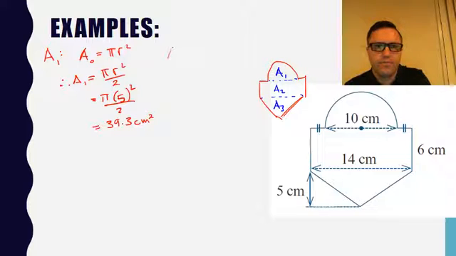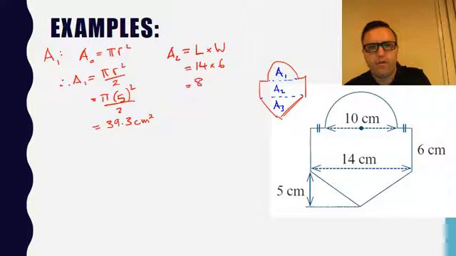Area 2 is our rectangle. Area 2 equals length times width, so that's 14 times 6, which is equal to 84 centimeters squared.